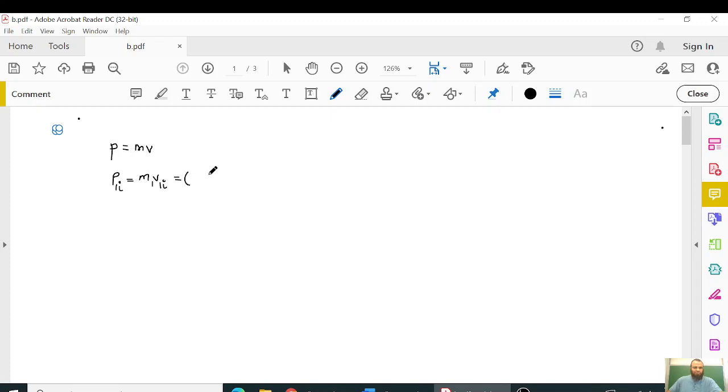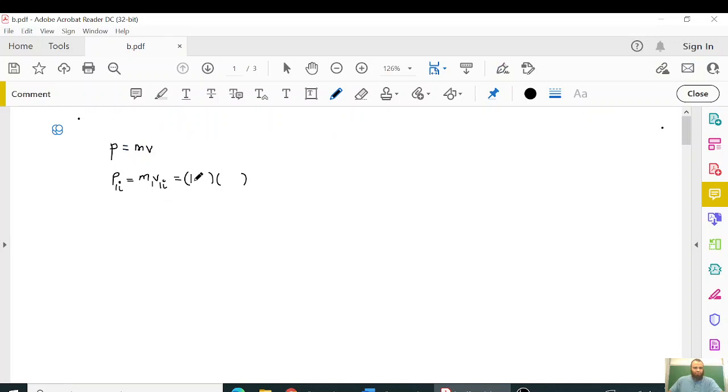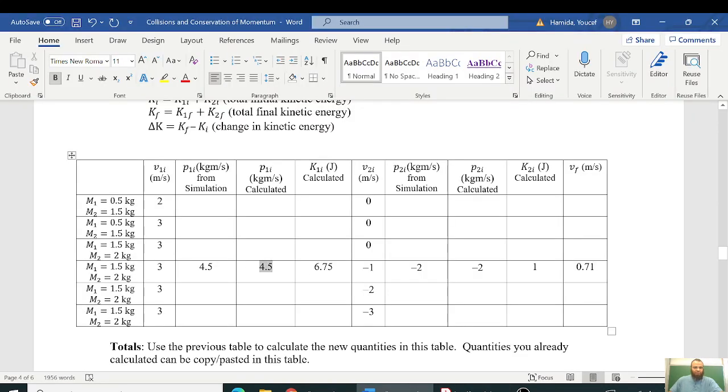Okay, let's write it down. M1 is 1.5 kilograms and V1 initial is 3. So 1.5 times 3 gives me 4.5. Units of momentum are kilogram meters per second. So I record here 4.5 kilogram meters per second.